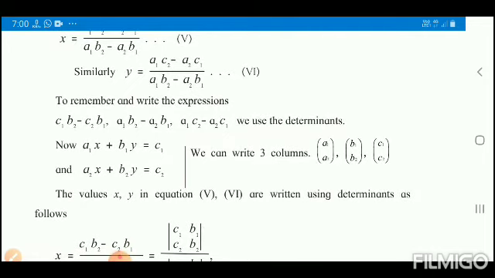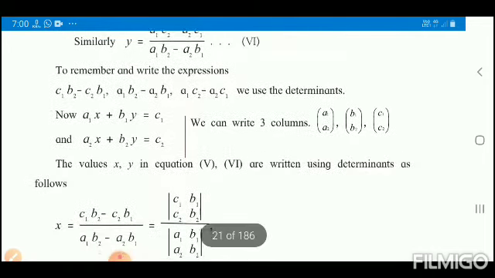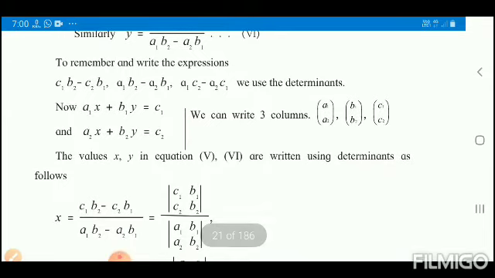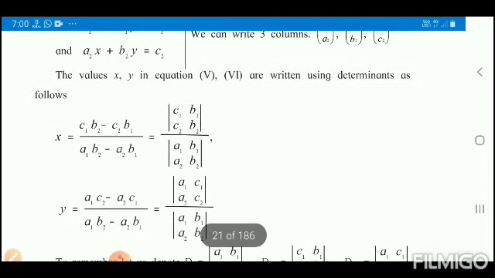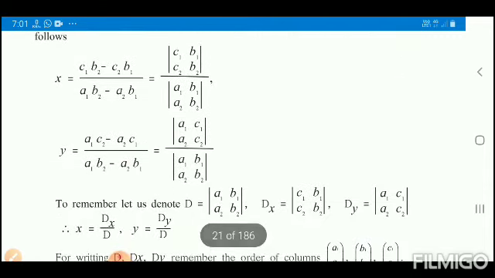To remember and write the expressions, we will make 3 columns of these expressions, such as a1, a2, b1, b2 and c1, c2. The values of x and y in equations 5 and 6 are written using determinants as follows. The x value is written as c1, c2, b1, b2 upon a1, a2, b1, b2.